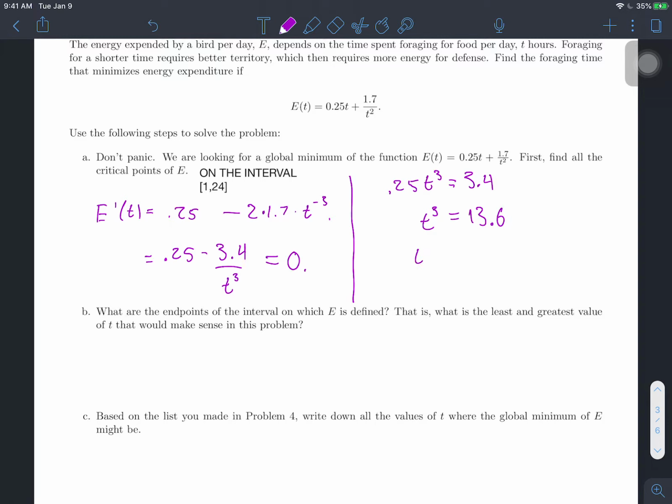So that's telling us that t is going to be the cube root of that, 2.386967 dot dot dot. Okay.